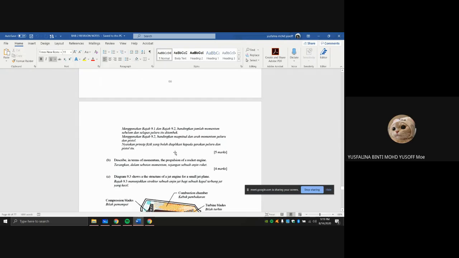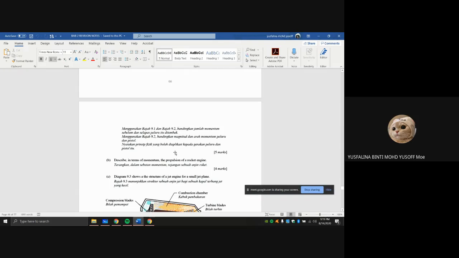I repeat again, the fuel is pumped into the combustion chamber. Later, at the combustion chamber, the fuel will mix with the oxygen, right? So there will be a fire produced, a burning process there.